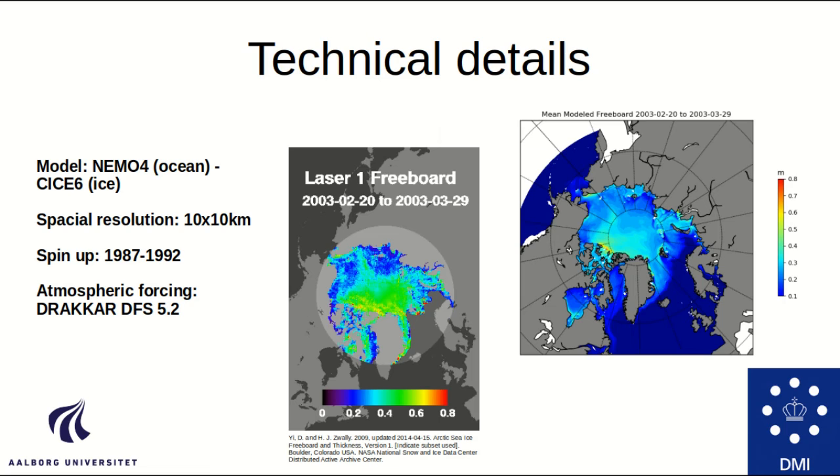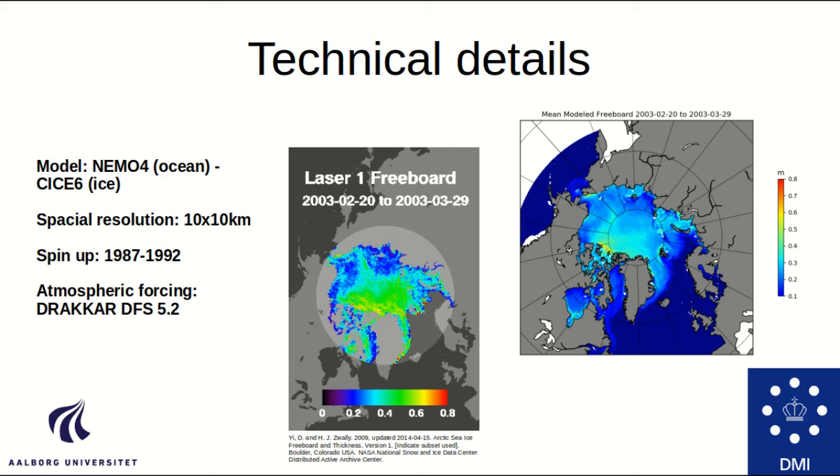We see some quite similar features in the Central Arctic, which shows to be slightly thinner in the modeled data than in the IceSat-1 data, which might be due to some warm biases in the Drakkar forcing, which is using ERA-Interim, which is known to be too warm, and also having some biases in the cloud cover.